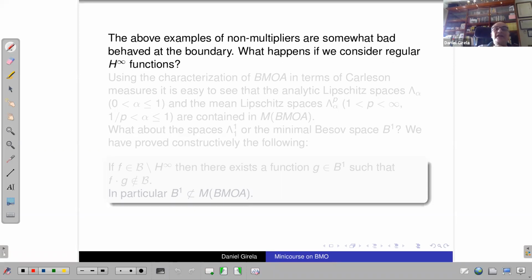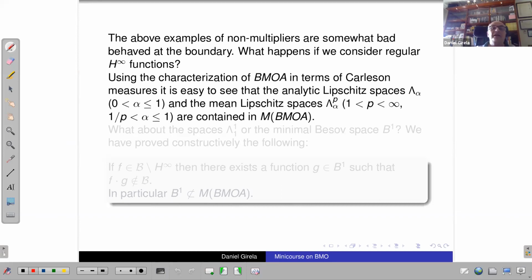What happens if we consider regular H-infinity functions? Let's say we consider an analytic function which is in this algebra. Can we say something? Well, in the positive sense, we can say something.